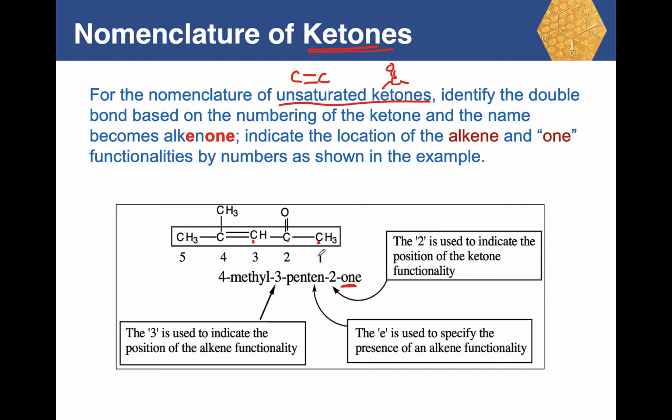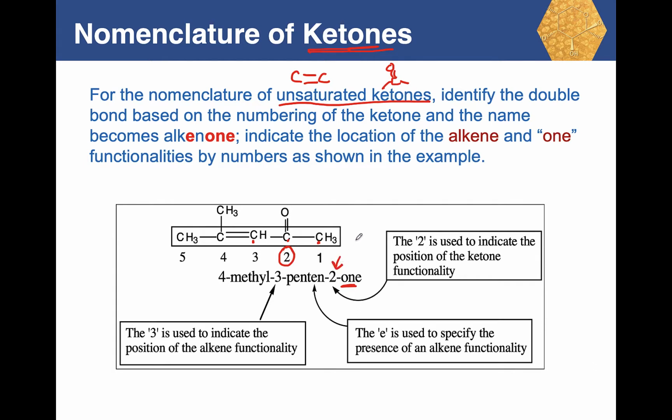As we mentioned, because the -one can be anywhere in the molecule, it's an internal functional group, we have to indicate the position of the carbon-oxygen double bond this time. So we use a number, 2.